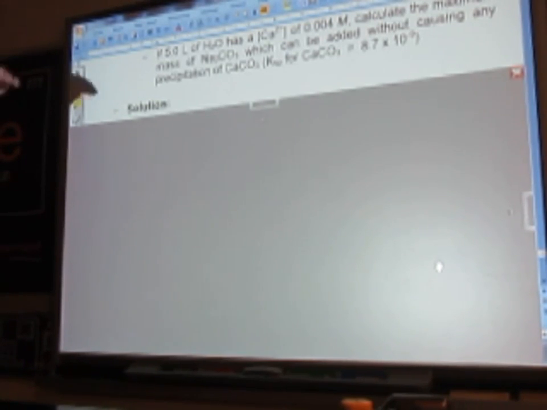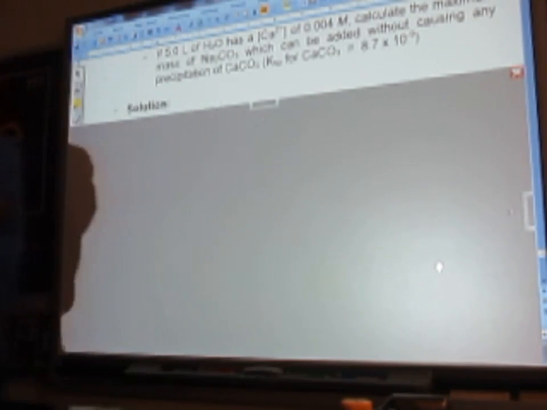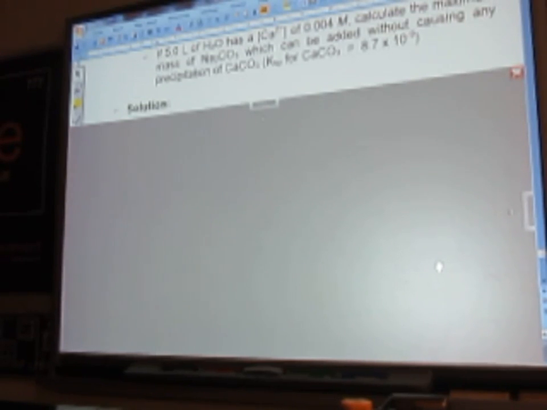How much, and I don't care what the formula is, how much do I need to add to make a saturated solution? So how does that relate to KSP then? Equal. So my sample Q has to equal KSP. So I'll use my KSP value as my Q. I'll leave it at that, see if you can figure it out.